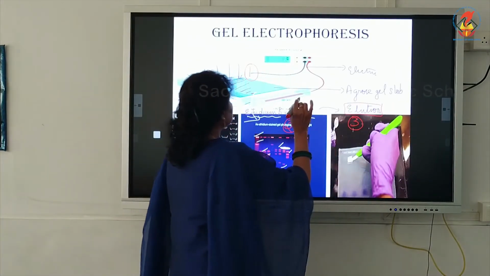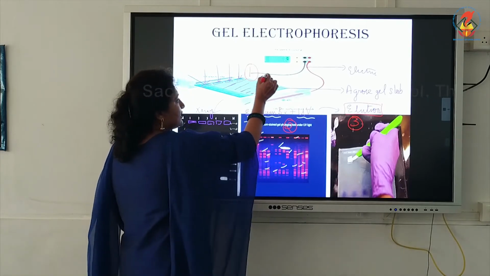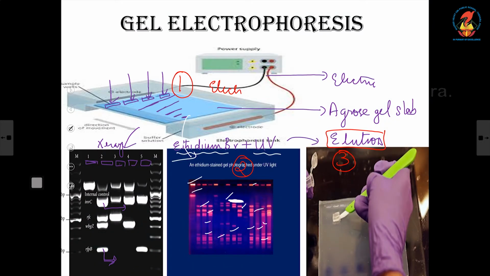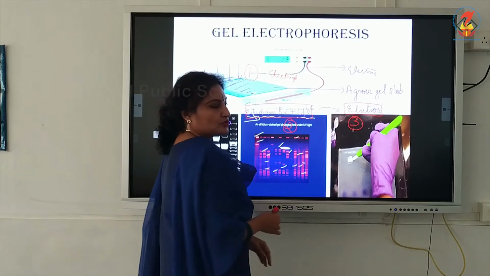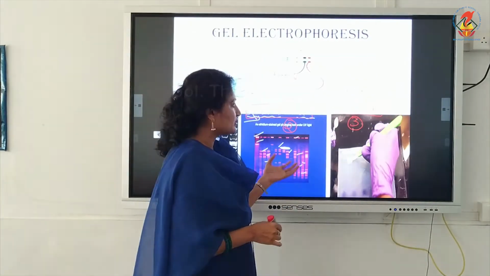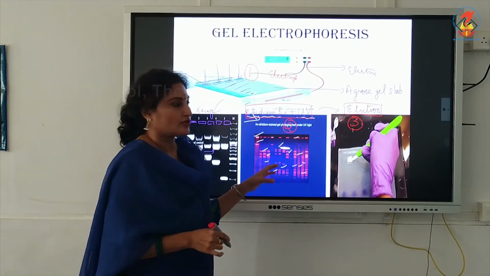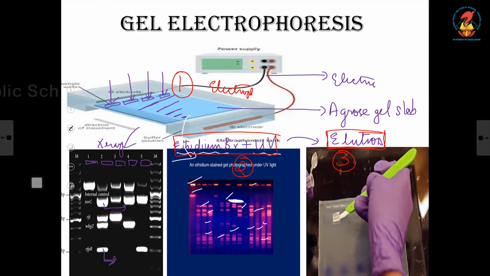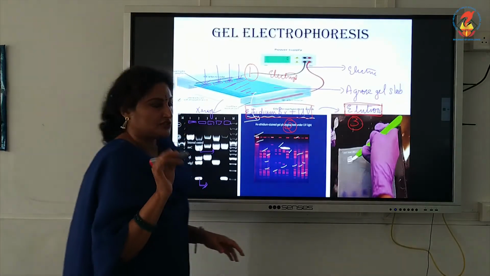Okay, so in 3 steps, gel electrophoresis is occurring on the agarose gel. Then you are staining with ethidium bromide and exposing to ultraviolet rays, so it stands out. The color it takes up is bright orange, and finally we are cutting out that particular strand which has our gene of interest.